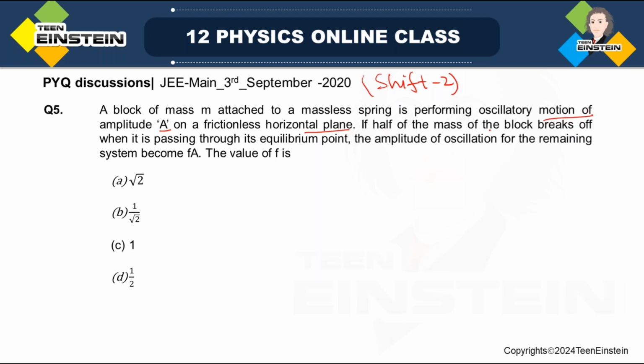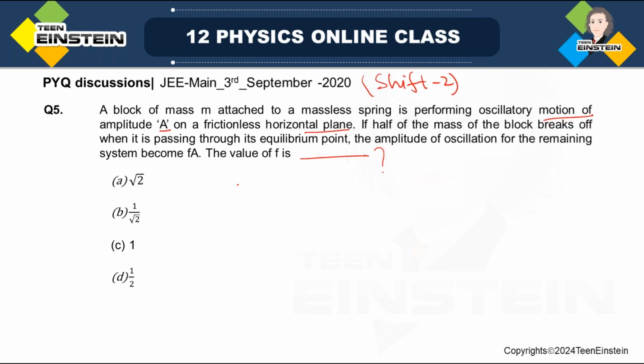If half of the mass of the block breaks off when it is passing through its equilibrium point, the amplitude of the oscillation for the remaining system becomes f into a. The value of f is how much? That is the question. So there are options over here.